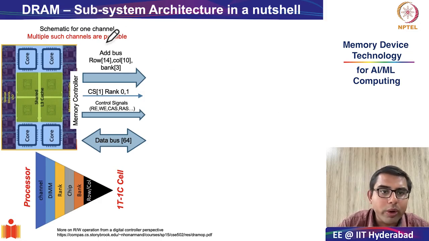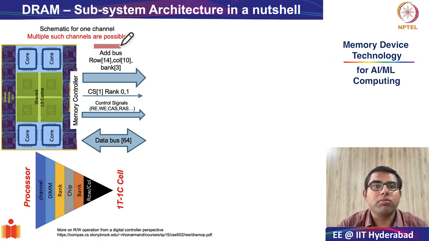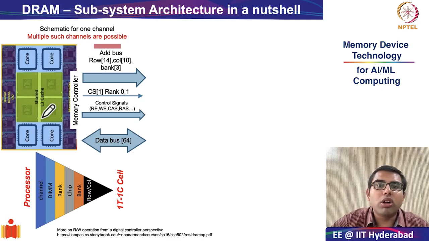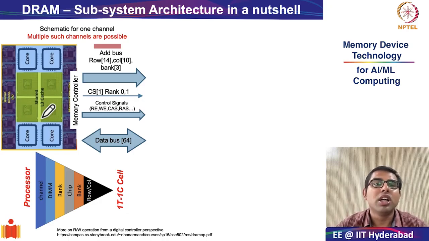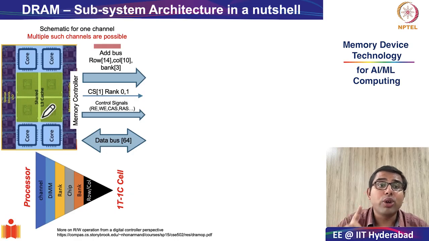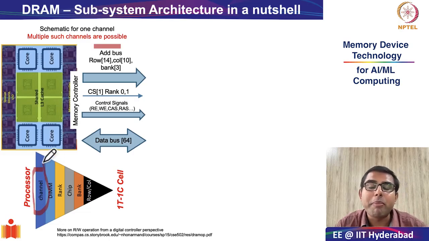Here I have drawn a few of the signal interfaces used for communication between the memory controller, which is present in the processor, and the DIMMs that constitute the DRAM subsystem. But remember that I have only indicated one of the channels. The top of the hierarchy is this concept of channel. Remember what a channel was?